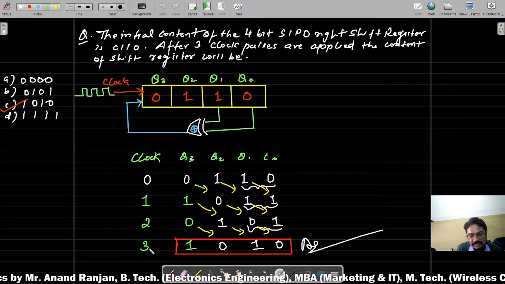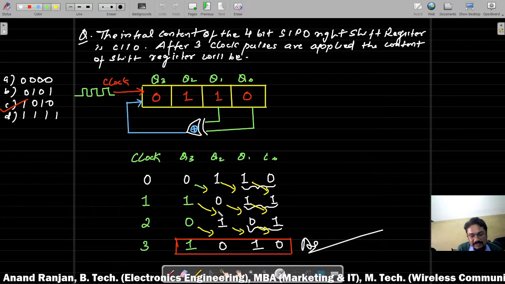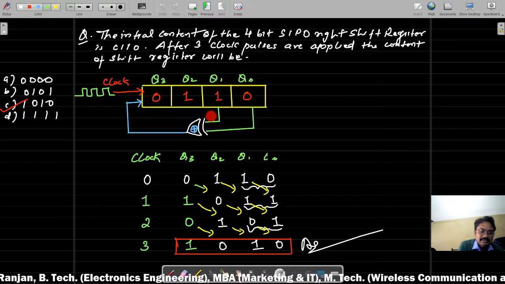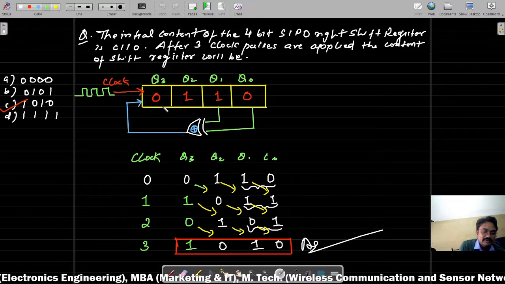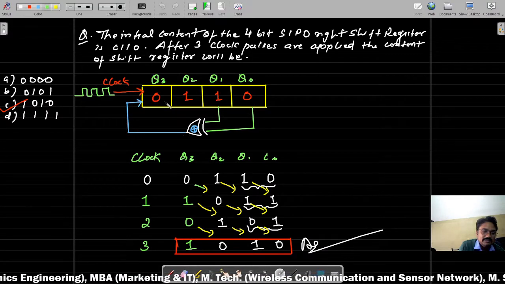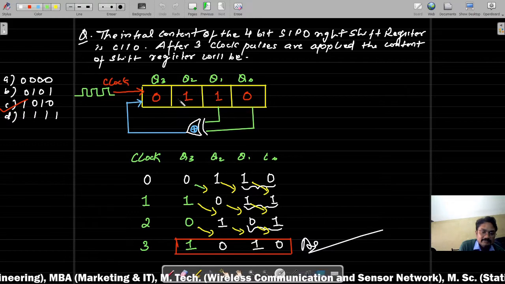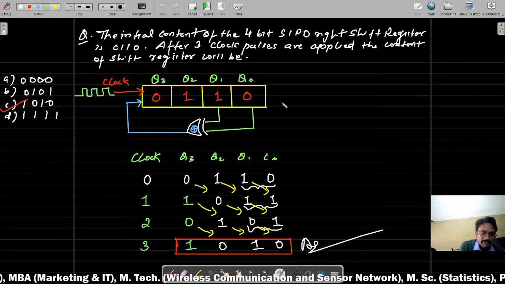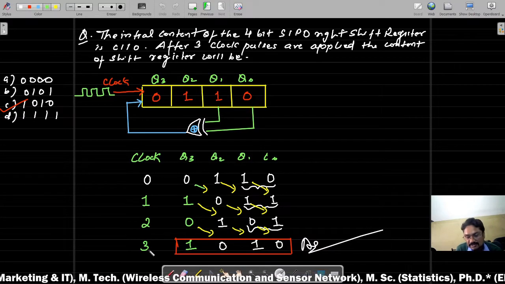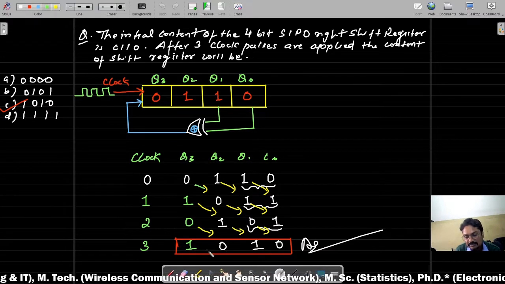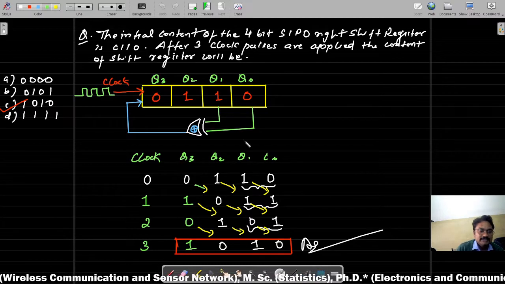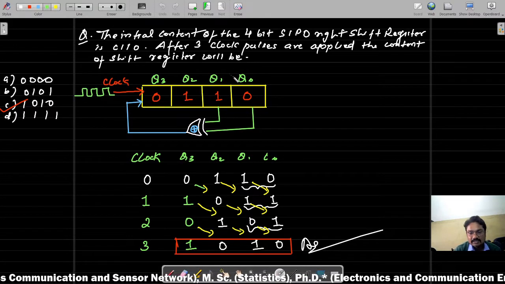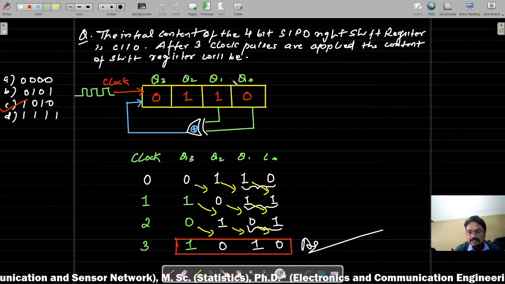Similarly, for the second clock pulse and third clock pulse, the data shifts, at the same time the XOR input also changes, the content of the first flip flop is changed accordingly, and then we shift the updated information to the side. Finally, after the third clock pulse, you will have the information 1 0 1 0. So this is an example of a 4-bit serial in parallel out register.